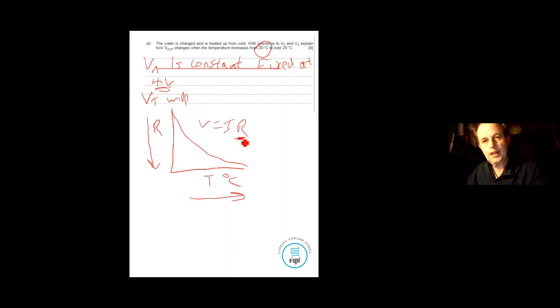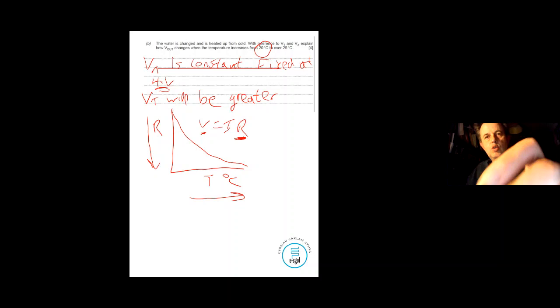So VT will be greater. As it goes from 20 to 25, VT will decrease.